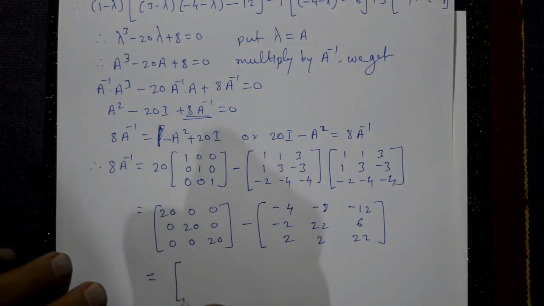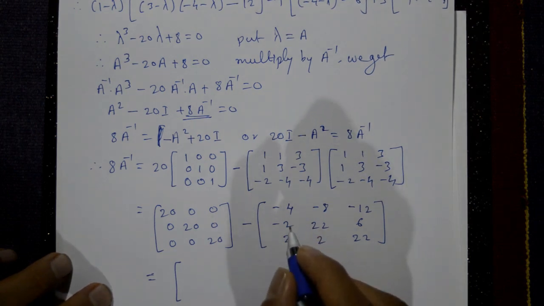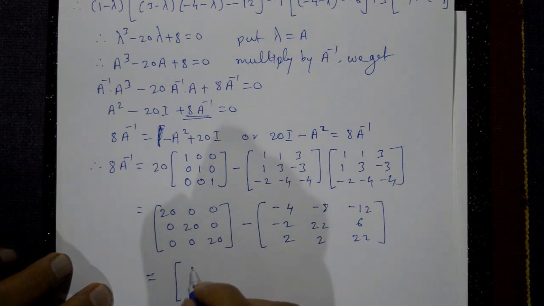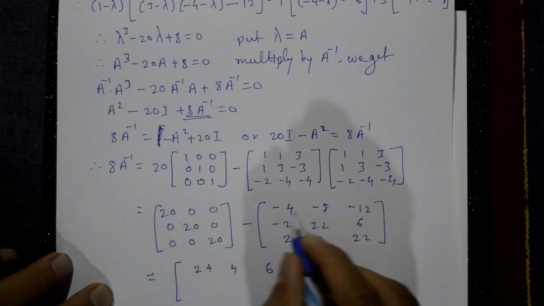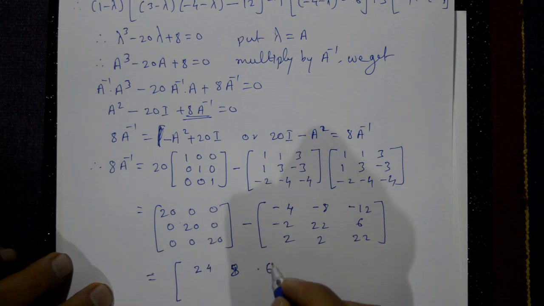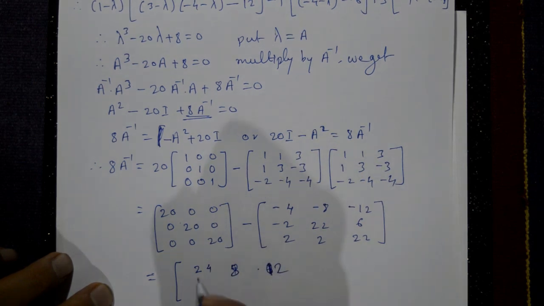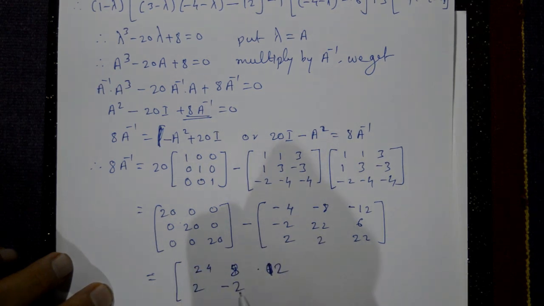Now again subtract this matrix from that one. Sorry, it is a multiplication, so minus 8 plus 8, and minus 12 plus 12, and plus 2, minus 2, and minus 6.